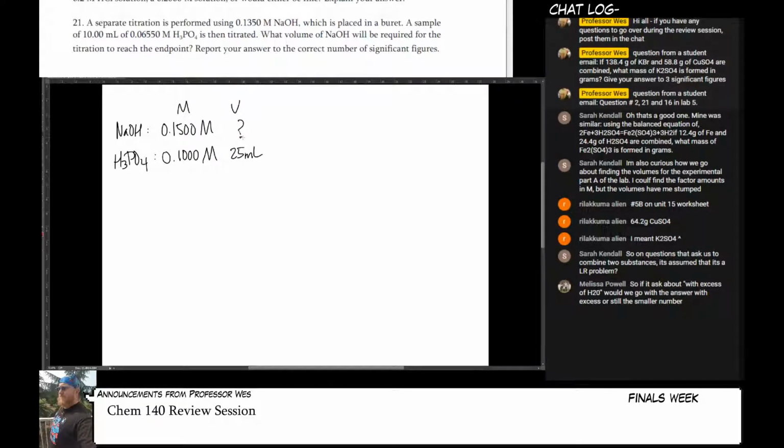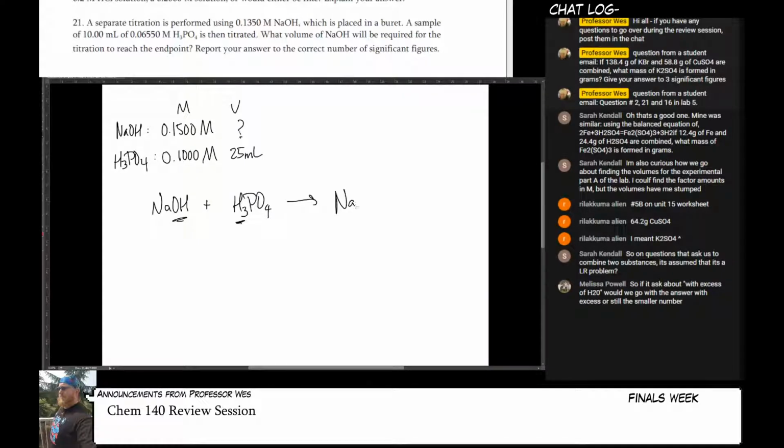All right, so now we have to write the balanced equation for this. So sodium hydroxide and phosphoric acid are going to react. If you go through the lab, it will tell you how to do an acid-base neutralization, where you react the hydrogen with the hydroxide, and the rest will be a salt.